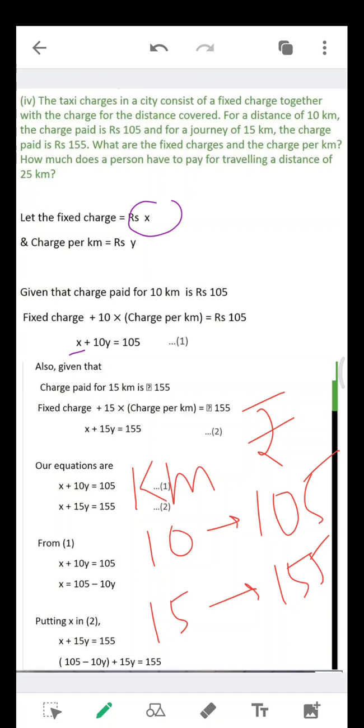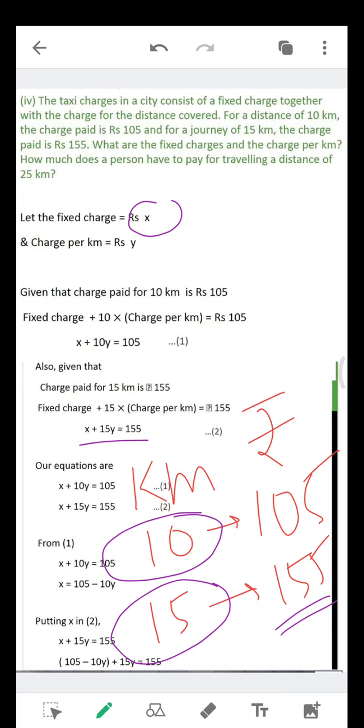So here the person is traveling 10 kilometers, so x plus 10y is equal to 105. This is our first equation. Similarly, we will get second equation. In the second case, the person is traveling 15 kilometer and paying 155. So it will become x plus 15y is equal to 155 rupees. Okay. So these are the two equations we got.